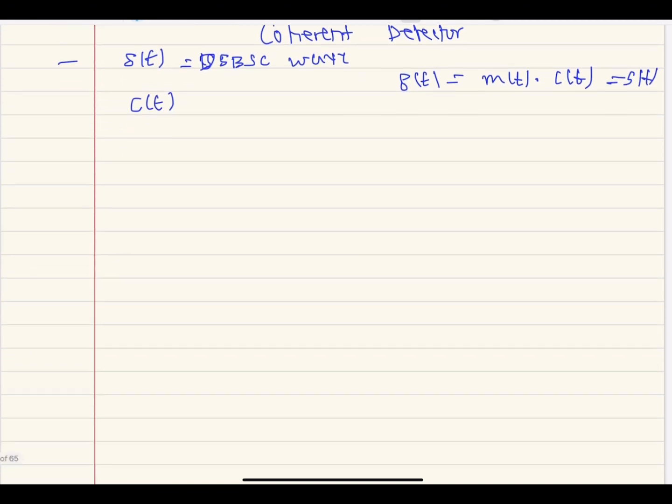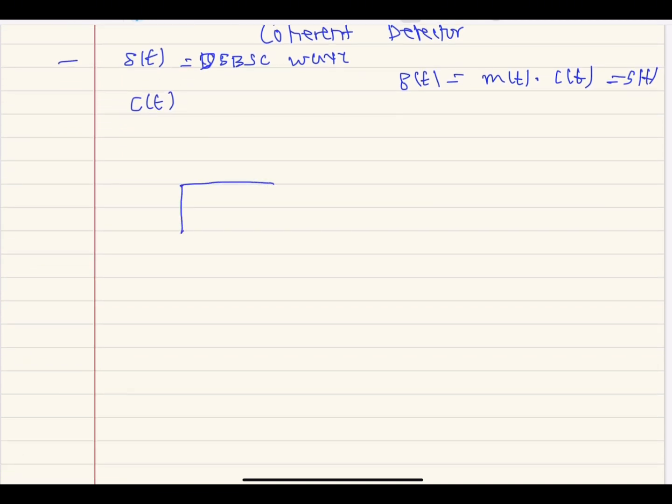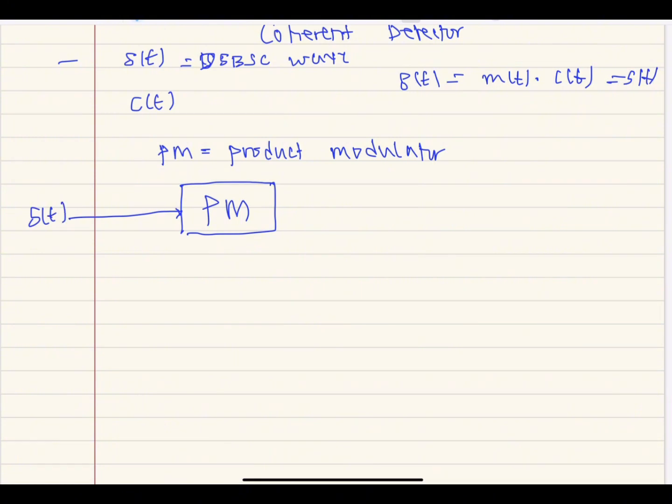So basically, this is the block diagram for it. We have the product modulator, which I will call PM, equal to product modulator. You have your input signal, which is our modulated DSBSC signal. This will pass through a product modulator, and remember that we are using our carrier signal as well, C of t, which is equal to Ac cos omega c t.